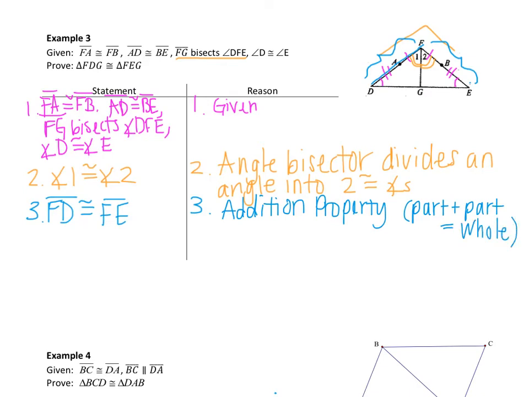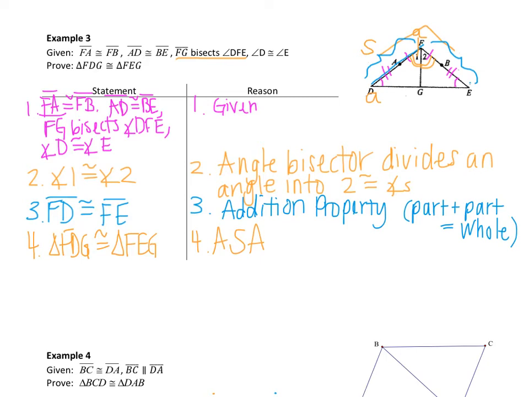A partial segment plus a partial segment gives us a whole segment. Now when I look at my picture, I have one set of angles down here, angle D, one set of sides, and then I notice a second set of angles. So I'm ready to prove my triangles congruent. FDG is congruent to triangle FEG. And when I look at this, my side is touching two angles, so ASA.